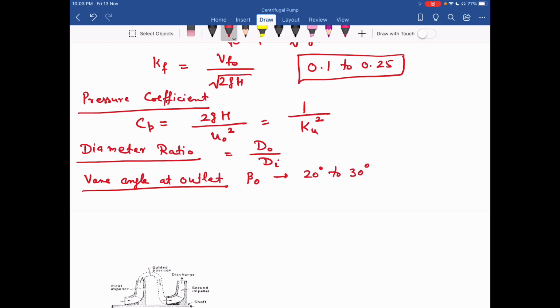And on average, you can say this value is 25 degrees. Okay. And then the number of vanes. Normally in a centrifugal pump, the number of vanes should lie between 6 to 8. So these are some important proportions for centrifugal pump.